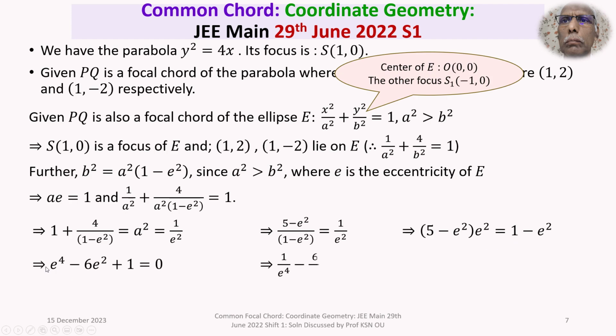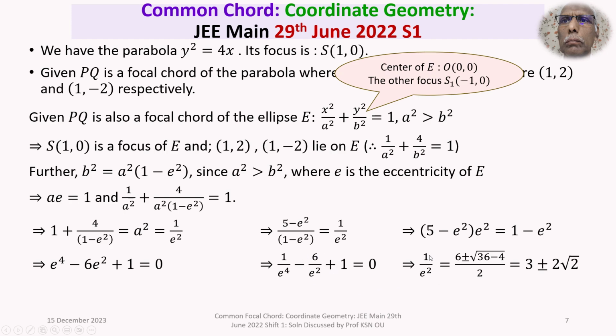And finally you get this equation, e to the power of 4 minus 6e square plus 1 is equal to 0, and the answer asked is in terms of 1 by e square, therefore divide throughout by e to the power of 4. Then you will get 1 by e to the power of 4 minus 6 by e square plus 1 is equal to 0, and it is a quadratic equation in 1 by e square.